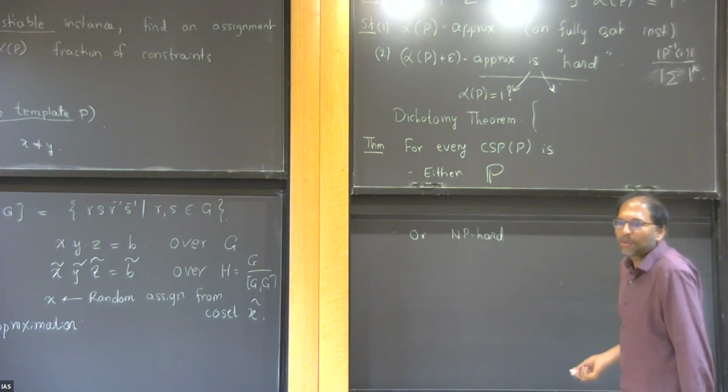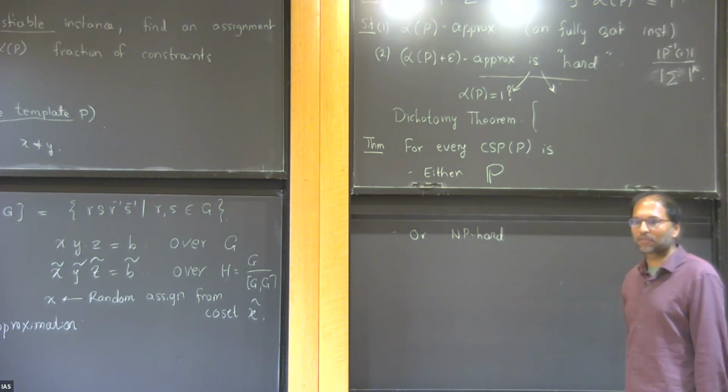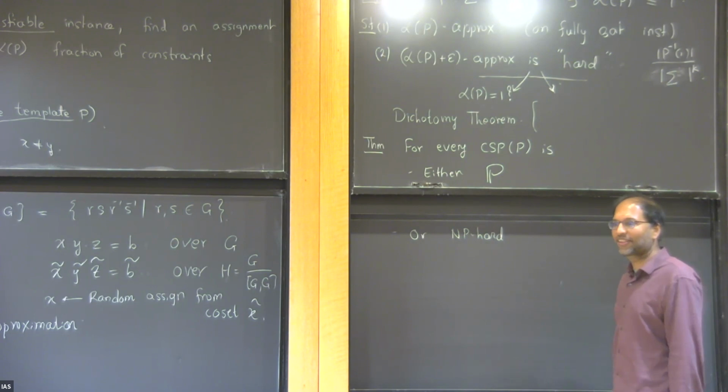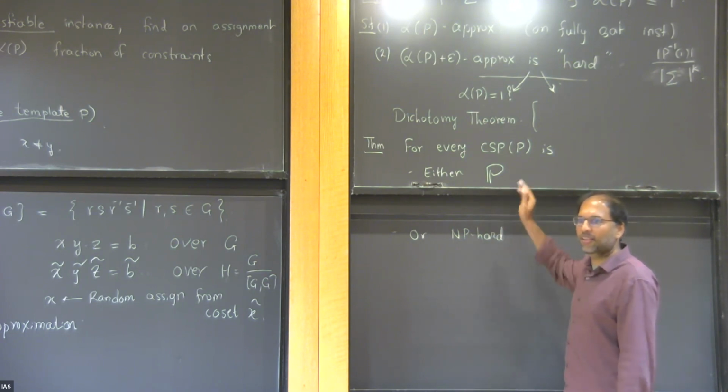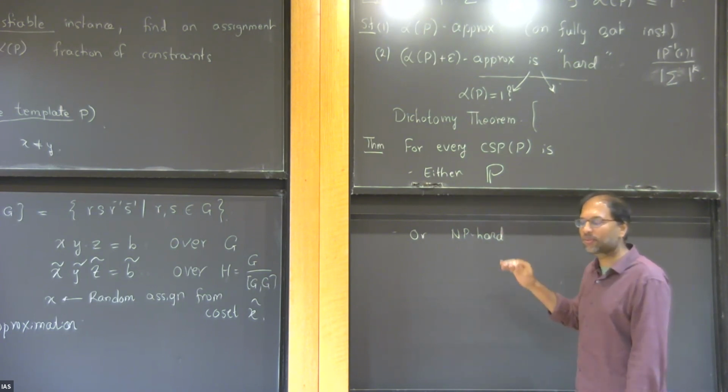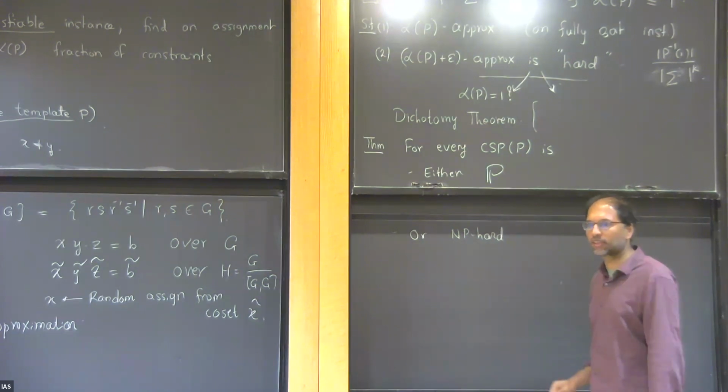This looks maybe like, what's the big deal? It looks self-evident, but it's not self-evident at all. I love this result. This is one of the results I'm truly fascinated with.